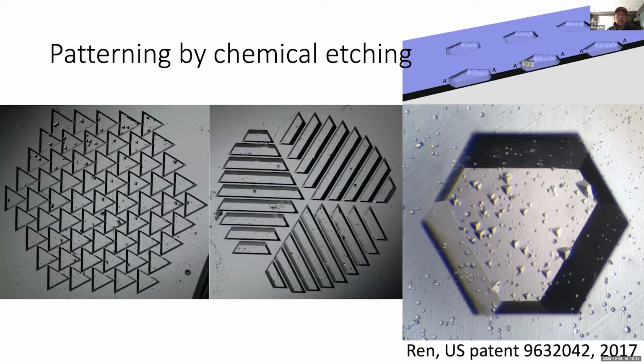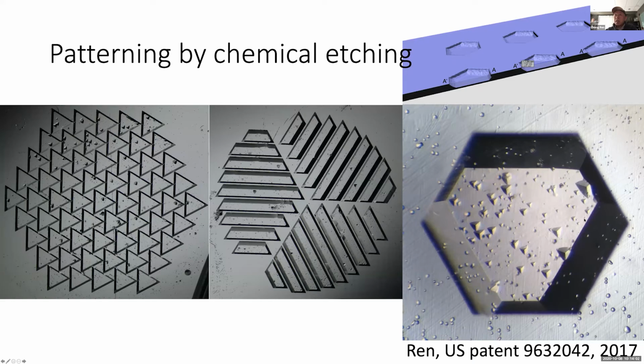Another advantage of this material is that you could engineer some kind of pattern, and then you can wet etch this on the surface of that material. This is what I tried before. This device is centimeter size, and this hole is millimeter size. This is a computer simulation of what an etched hole should look like.